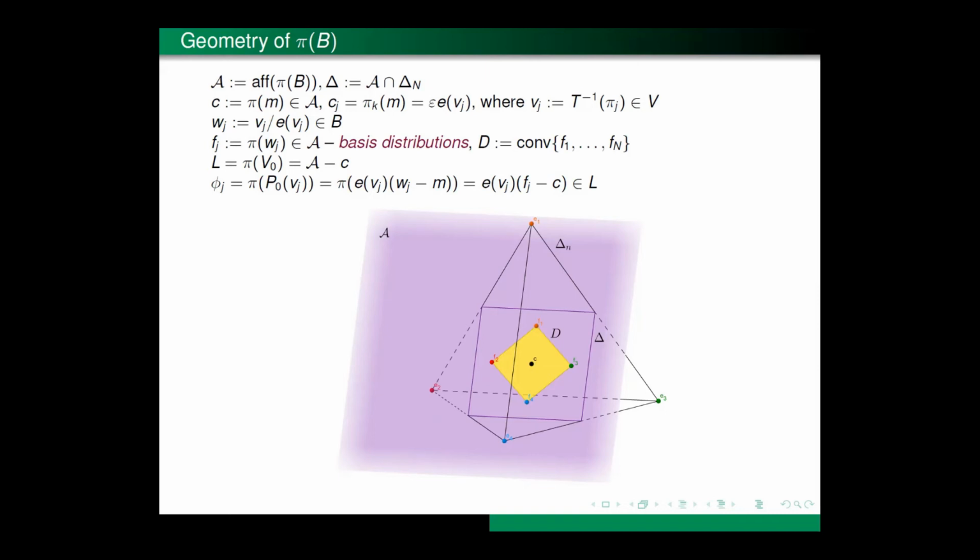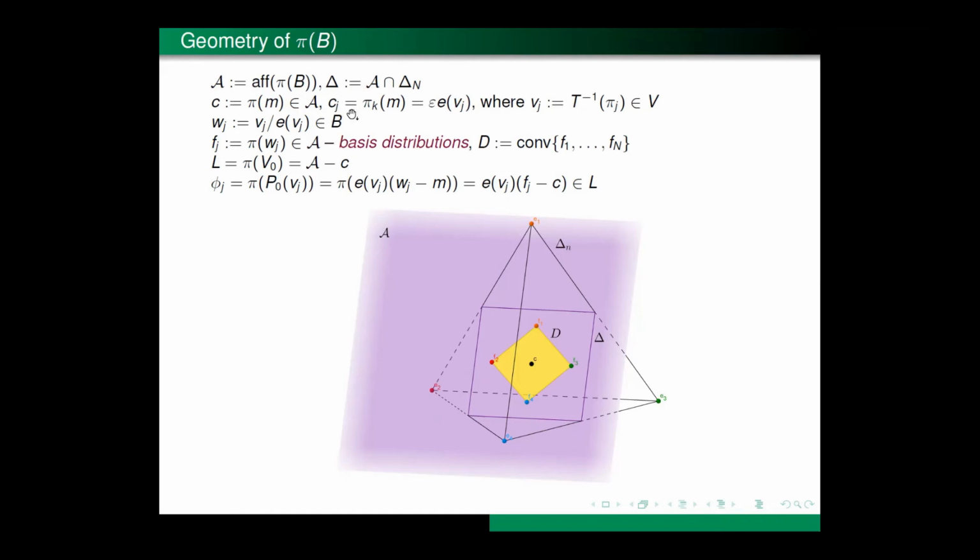We also define C to be the point in this probability simplex which represents the probability distribution of the measurement outcomes for this maximally mixed state.